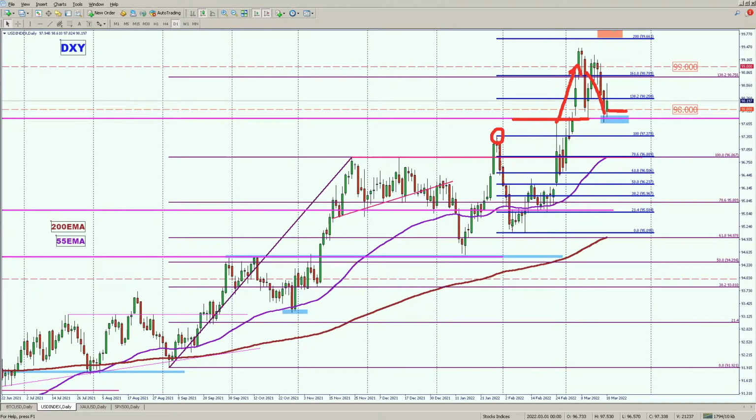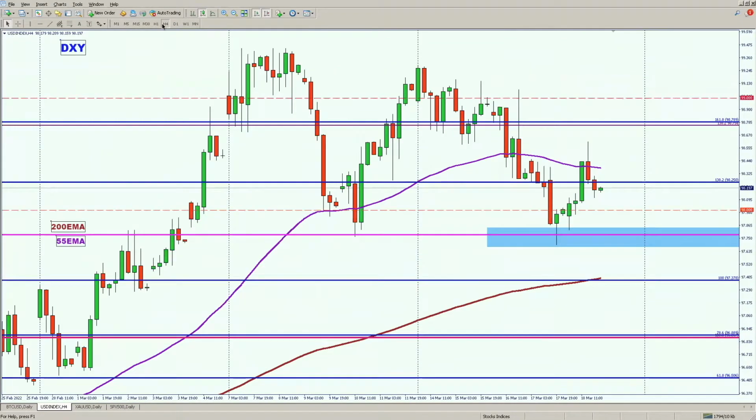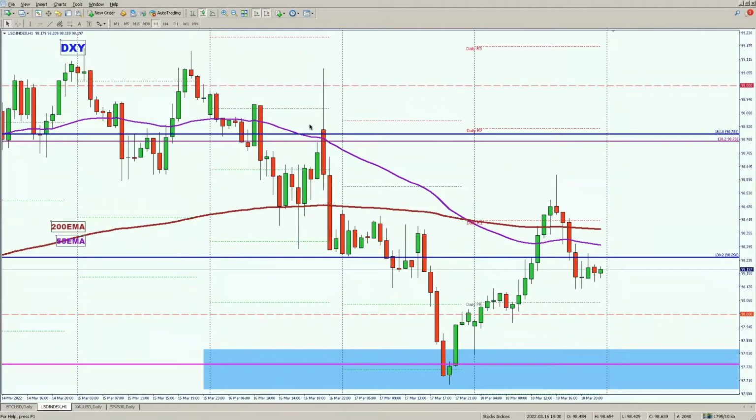So let's take a look at the 4-hour time frame to see the move, even down to the 1 hour if we could. Yes, okay, this should be the start of the news here at the release of the statement at 2 p.m. US Eastern time.